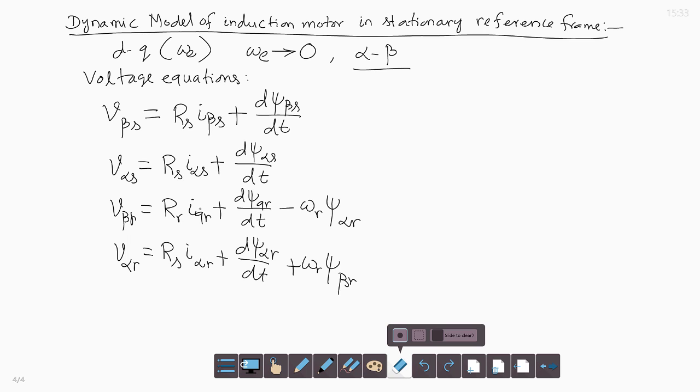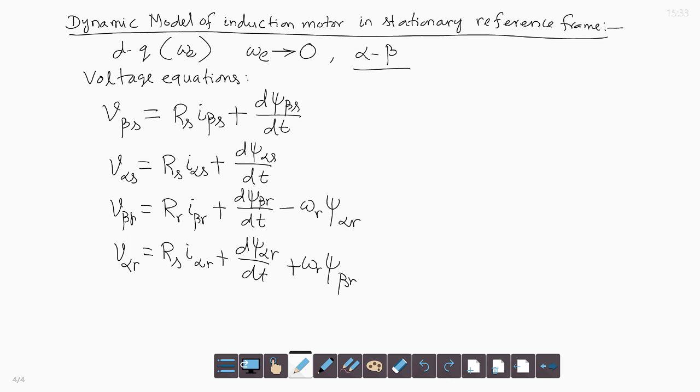And V beta r is R r I beta r plus d psi beta r by dt minus omega r into psi alpha r. These are the four voltage equations in the stationary reference frame.